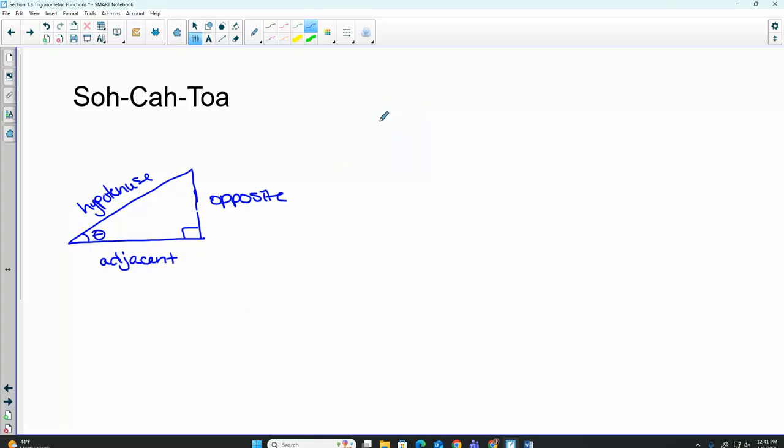So if we think about that, we can say sine, SO, is opposite over hypotenuse, SOH. So in a right triangle, to find sine, you do the opposite side divided by the hypotenuse.